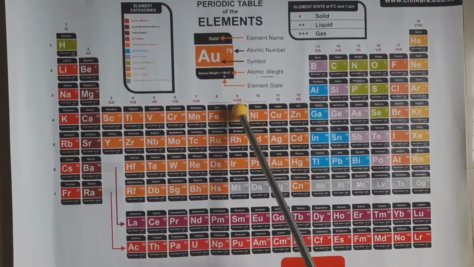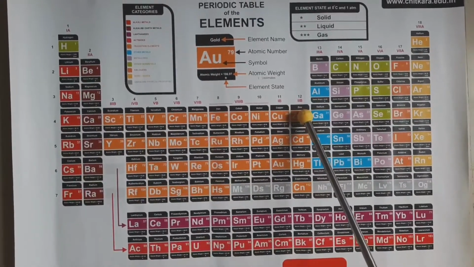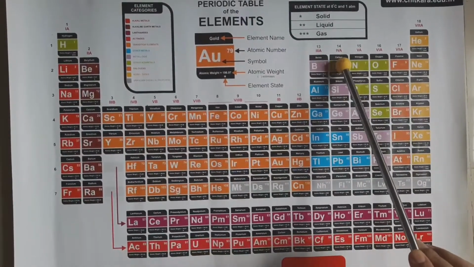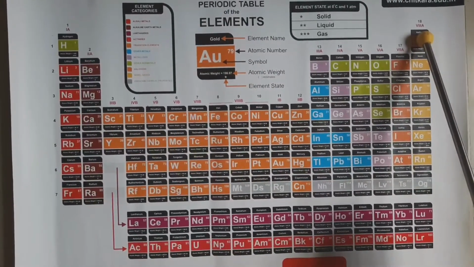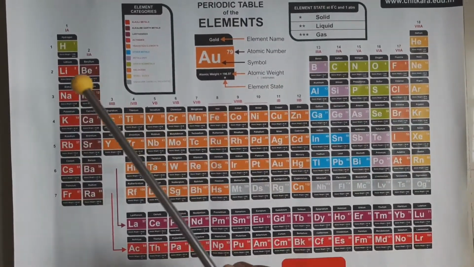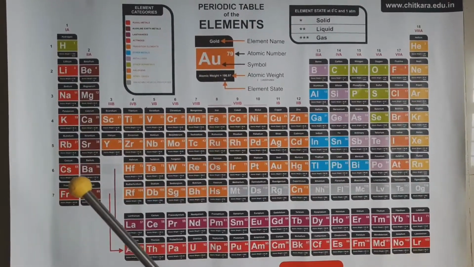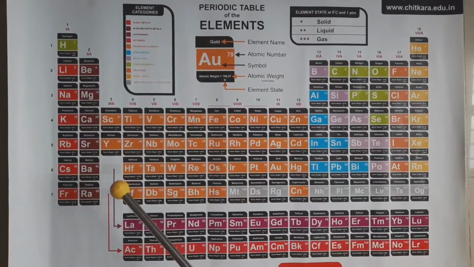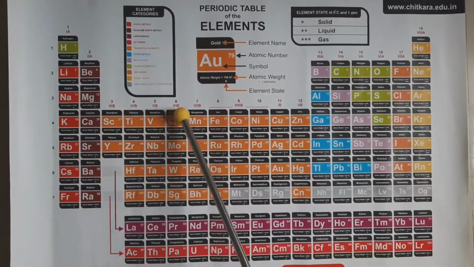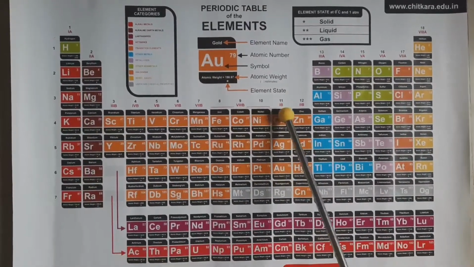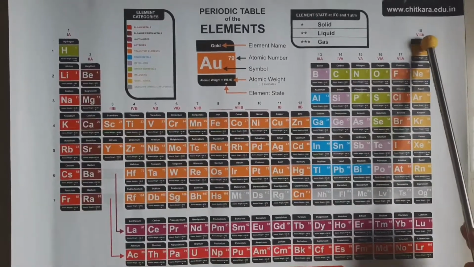Iron, cobalt, nickel, 8B for 8, 9, 10. Then 1B, 2B, 3A, 4A, 5A, 6A, 7A and 8A. According to the latest IUPAC system, there are 18 groups in all, and these groups are numbered 1, 2, 3, 4, 5, 6, 7, 8, 9, 10, 11, 12, 13, 14, 15, 16, 17 and 18.